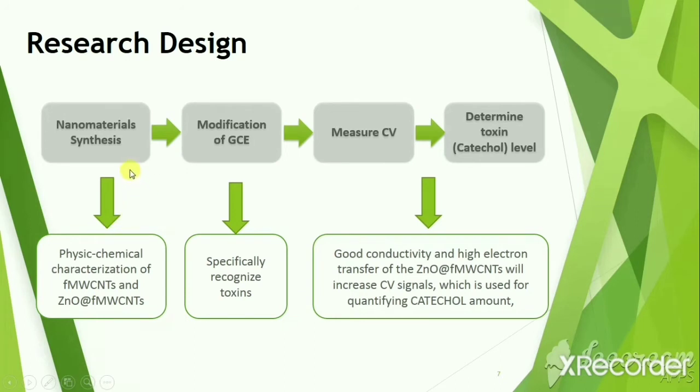Once we have done that, we go to the next step, the modification of the glassy carbon electrode. Why are we going to modify it? To improve its surface and electrocatalytic activity, of course. At the end, to measure and assess the performance of the sensor, we have to do some electrochemical analysis using the cyclic voltammetry technique, using different catechol concentrations.